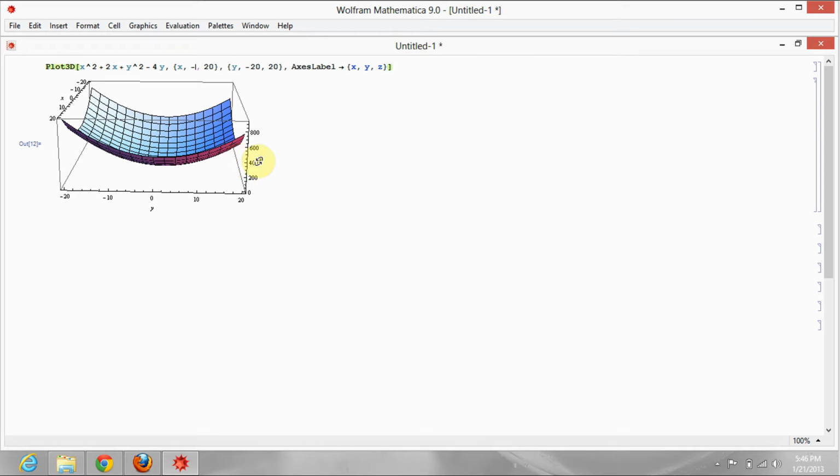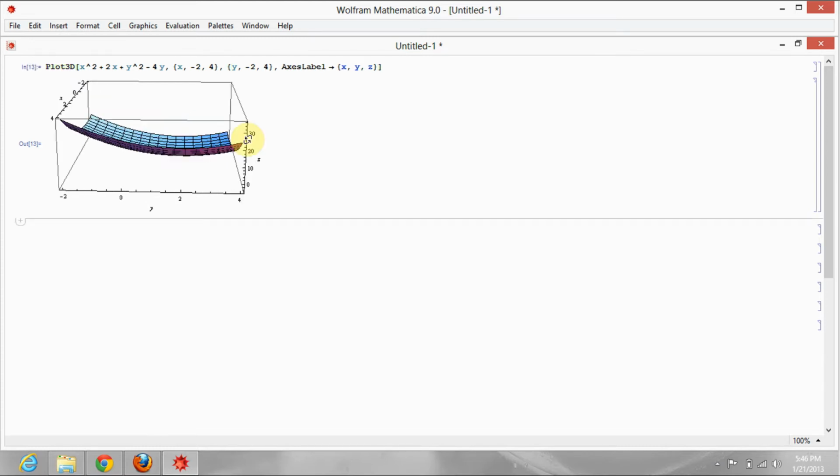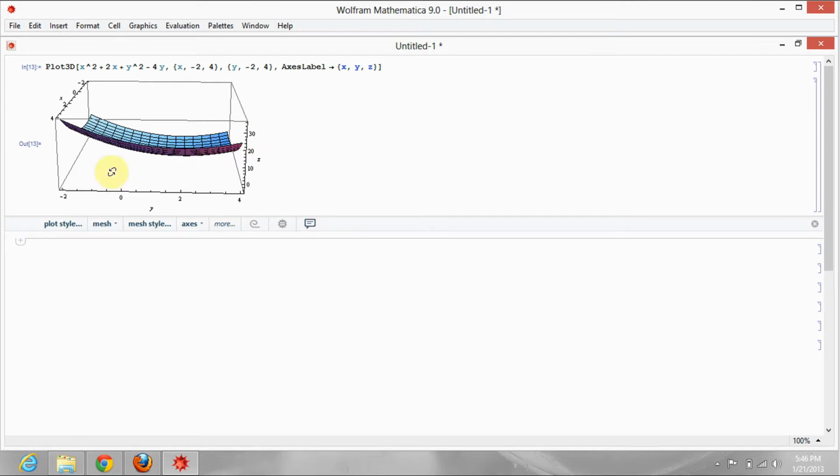So let's say that x goes from -2 to 4, just to zoom in around x, and let's say that y goes from -2 to 4 as well. If we do this and we're looking for our minimum value, it's now pretty clear that this y value is right at y equal 2.